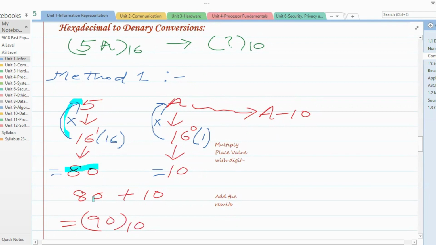Now the results will be added. So 80 plus 10 gives us 90. So 90 is our answer. So this is our first method, where individual digits are written and multiplied with their place values. Finally, the results are added together to give us the final denary number.